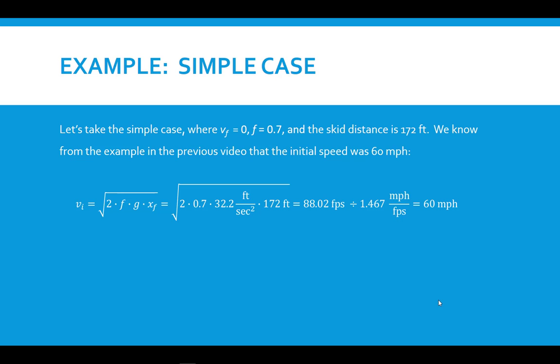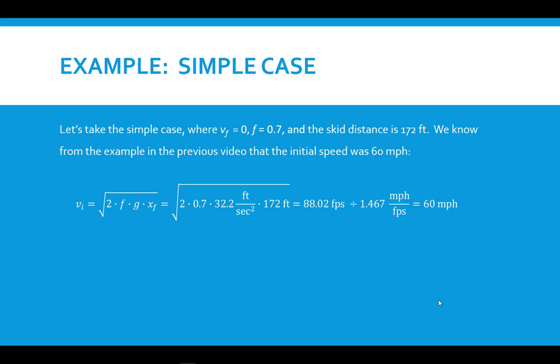You have to be careful with the conversion from miles per hour to feet per second. That's a common, typical mistake to make, but it's shown here how to do it. One thing I do when I'm checking is I know that the number for miles per hour is always less than the number for feet per second. For instance, 60 miles per hour is about 88 feet per second, so that's a good check.